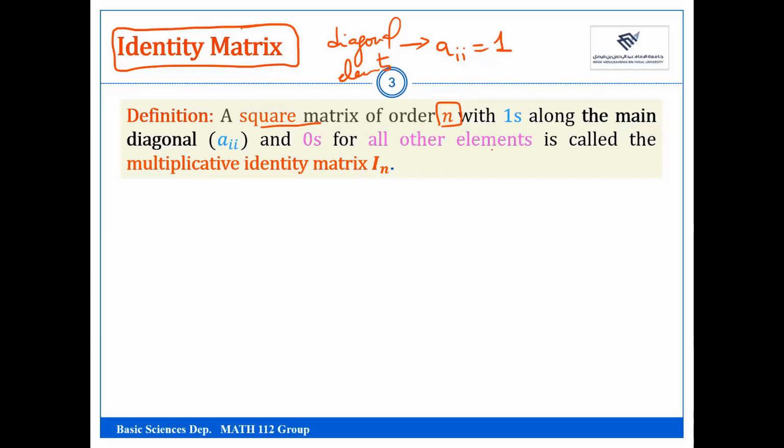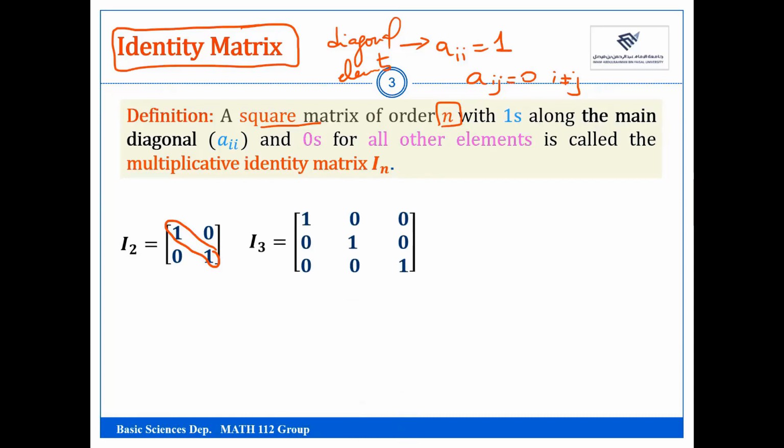And all other elements are 0, a_ij equals 0 when i is different from j. This is the identity of order 2, I2, 1 on the main diagonal, and the other elements are 0.